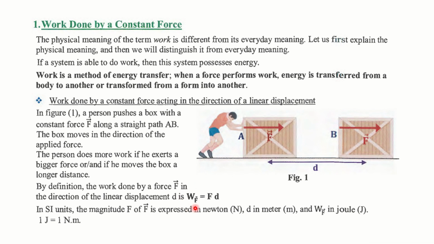The expression of the work done by the force F equals force times displacement d, as this force is parallel to the displacement. The force F is expressed in Newton, the distance in meters, and the work in joules. So 1 joule equals 1 Newton meter.